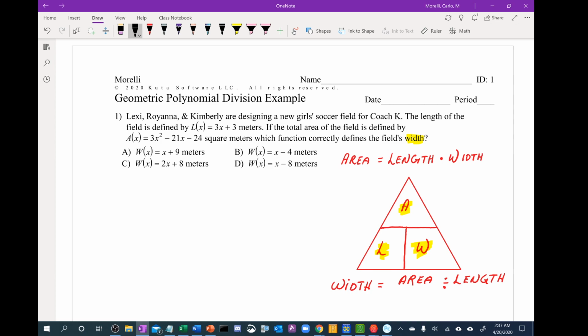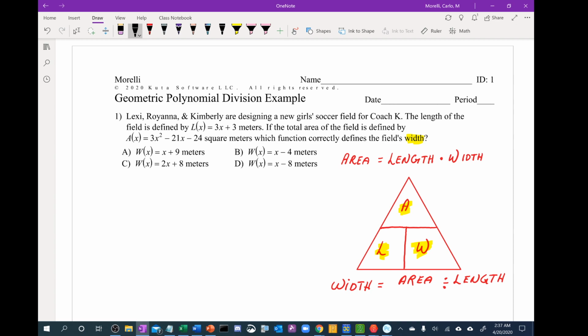So it says here, Lexi, Royana, and Kimberly are designing a new girls' soccer field for Coach K. The length of the field is defined by, and so they're giving us the length. Do you hear that? They're giving us the length. They're also giving us the total area. So they give us a function for the total area, and they give us a function for the length.